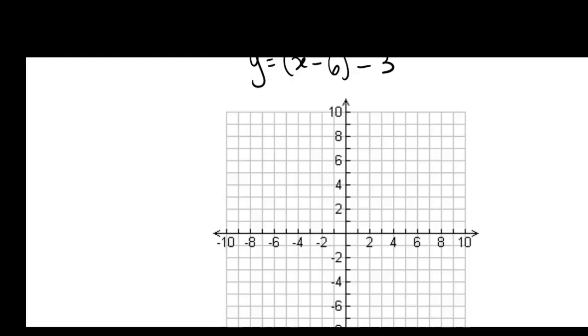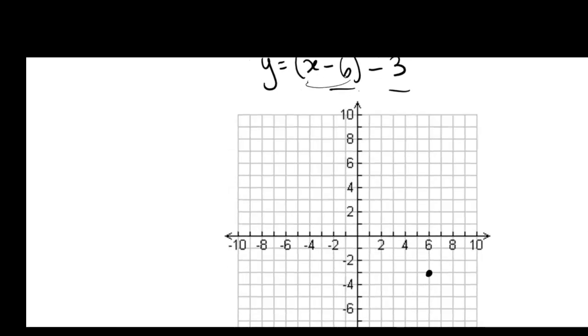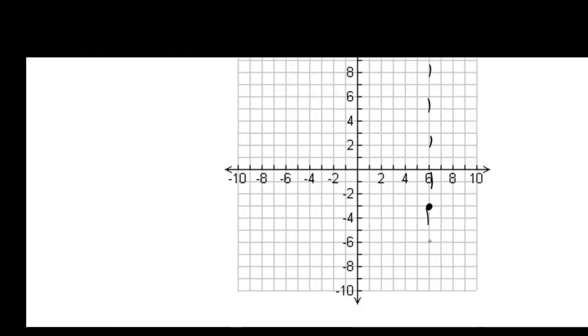So we know that the vertex will be (6, -3). And we know that the axis of symmetry is going to be the argument in the parentheses equal to 0, which is x equals 6. Therefore we know that the axis of symmetry will lie right here.